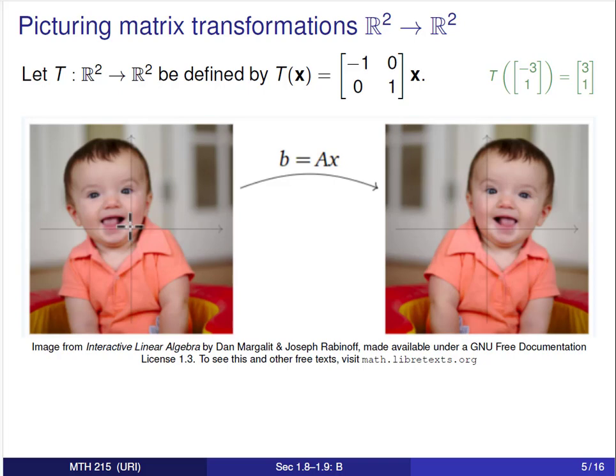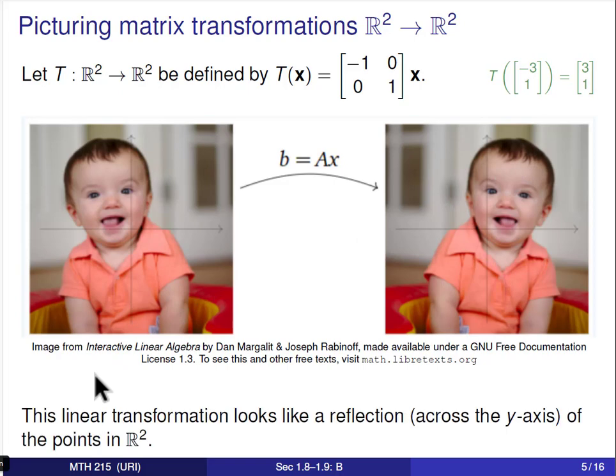So if we were to take a look at (-3, 1), that might be perhaps here at the top of the toddler's tongue. And the action of that spits out (3, 1), and you can see the top of the tongue got mapped to there. Now, we've done that action for every single point in the photo, and it looks, for all the world, like this matrix transformation is a reflection across the y-axis of the points in R2.